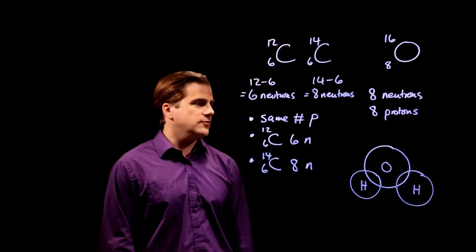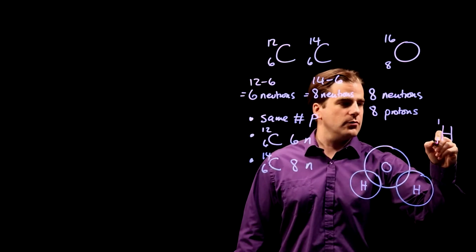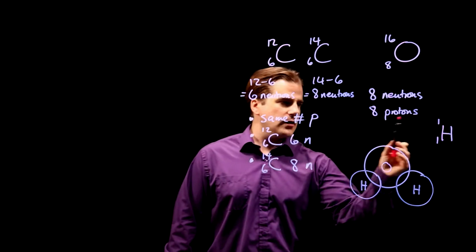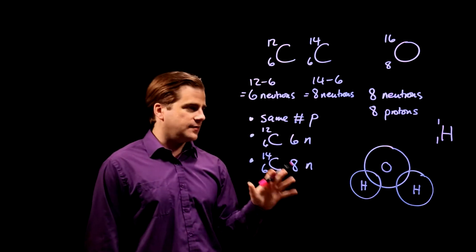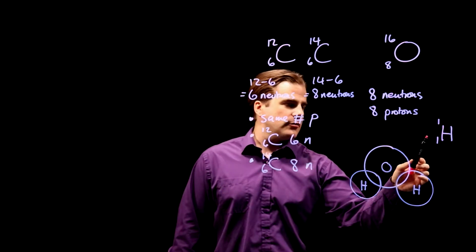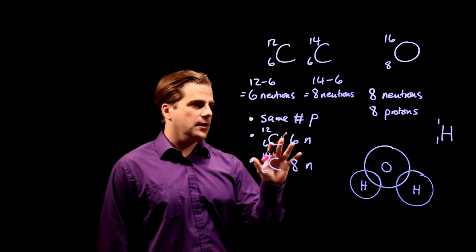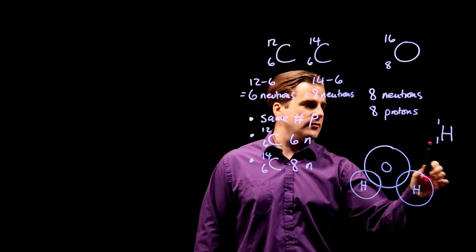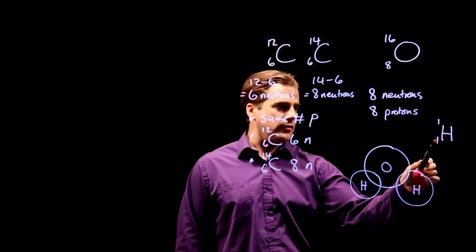So, hydrogen is 1, 1. So, a hydrogen atom provides 1 electron. The reason you know this is that a hydrogen atom has 1 proton and neutron and 1 proton.